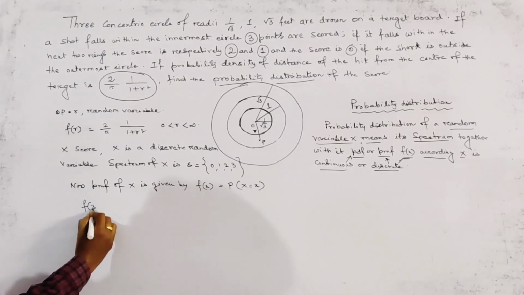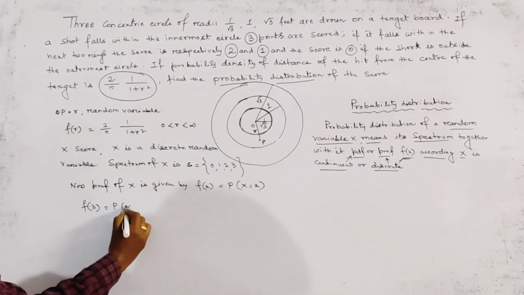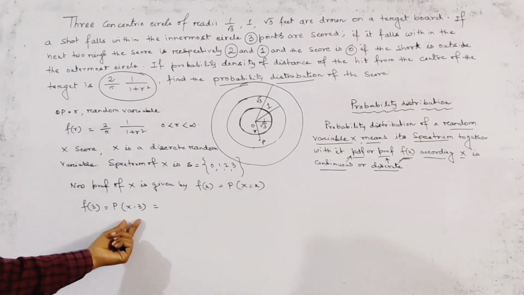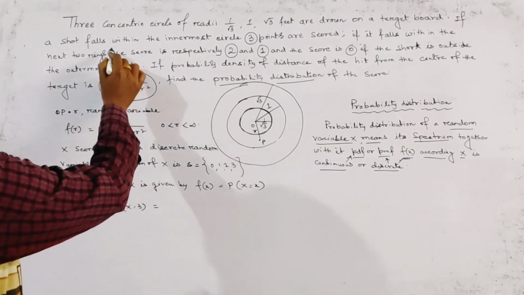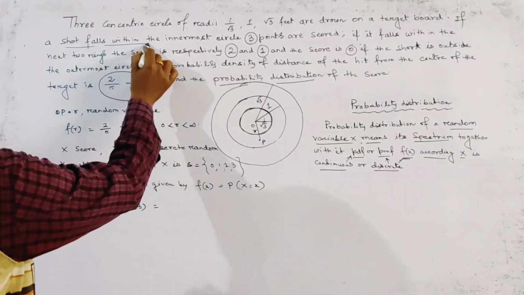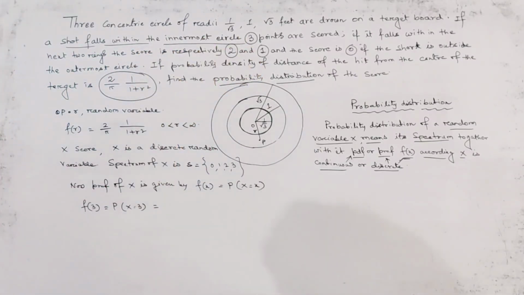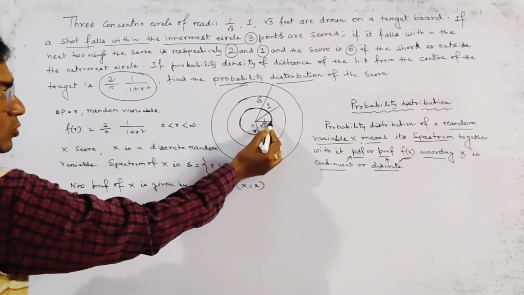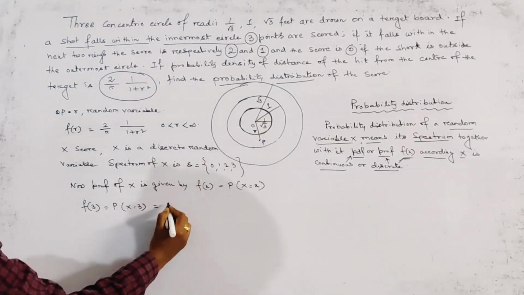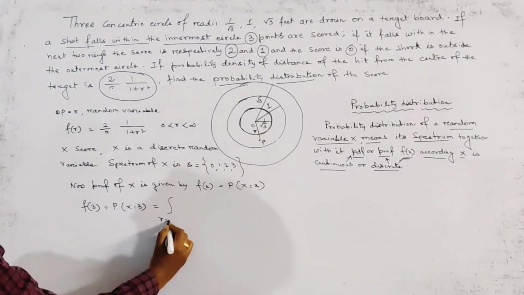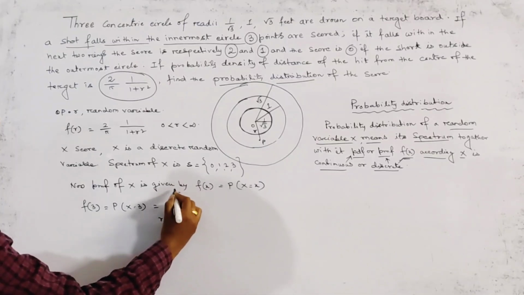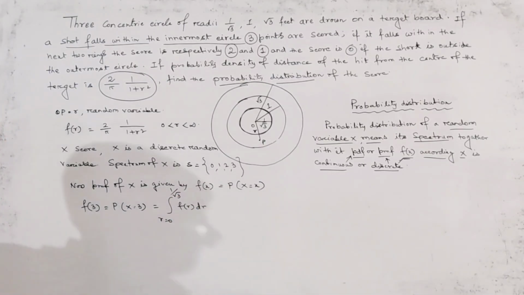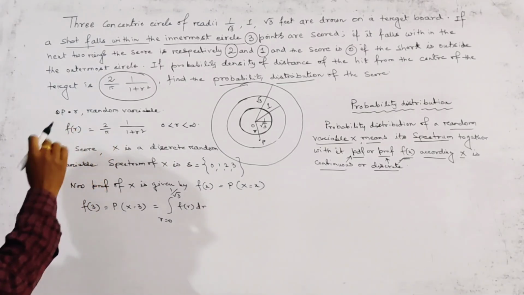Now we first find f of 3, which is given by P of X equal to 3. The score is 3 if the shot falls within the innermost circle. So for the innermost circle, the radius is 0 to 1 by root 3. So we have to integrate r from 0 to 1 by root 3, fr dr. Okay, because fr is given by this.